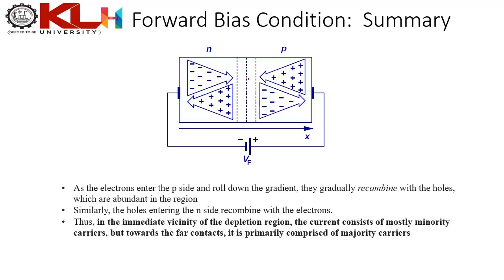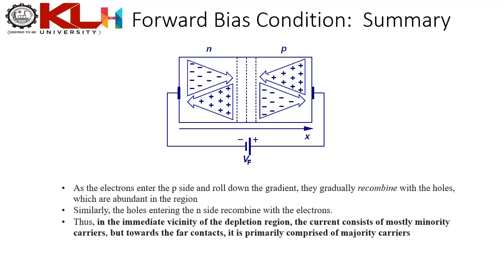As they move away from the interface towards the contact, the number of holes decreases, of course. But near the contacts, because it is still an n-type semiconductor, the transport of charge carriers occurs through majority carriers, that is, electrons. Similarly in the p-type, near this contact, it is still a p-type region and the majority carriers are holes.